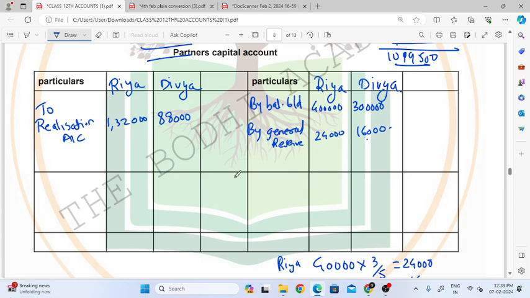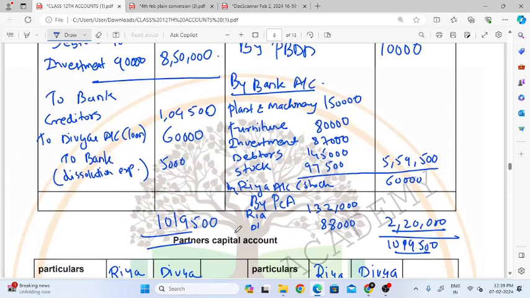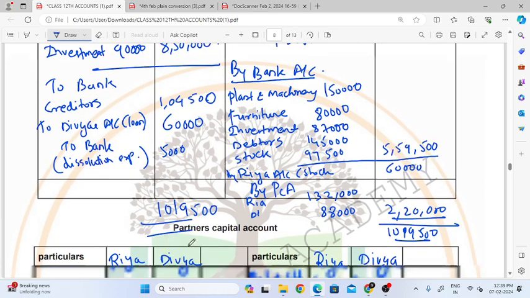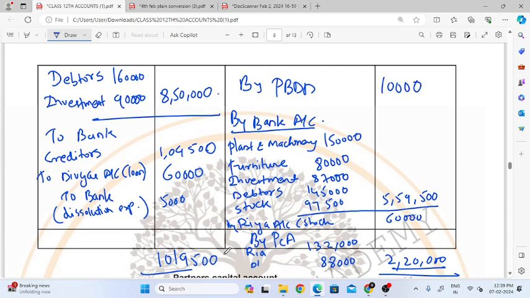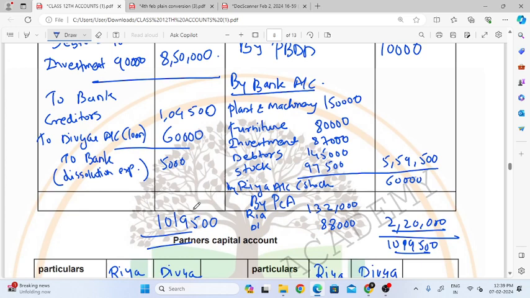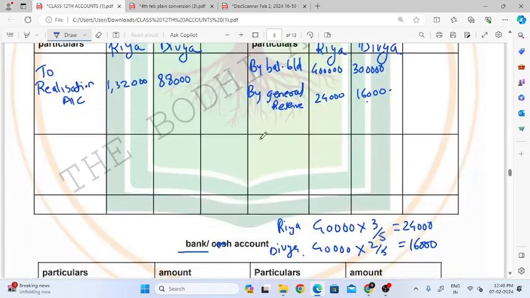Then whatever is taken over by a partner or whatever liability is paid by a partner, that also we have to take in the partners' capital account. So here we have Divya's account. Divya has paid the external party's loan, that is 60,000. So 60,000 we are going to write over here, by realization, Divya, 60,000.